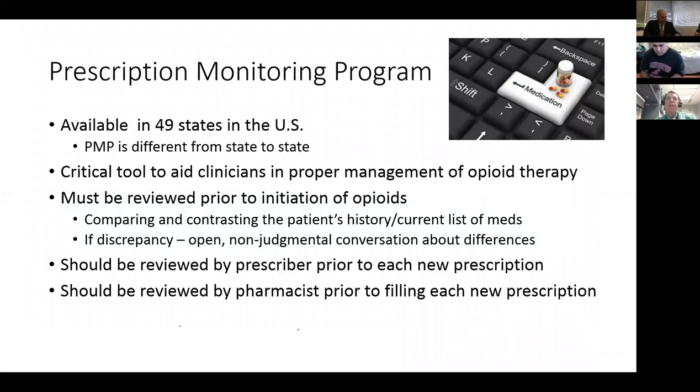The PMP is a workhorse that, just like in chronic non-malignant pain, anyone in a palliative medicine clinic that is using chronic opioid therapy should be using the PMP. The basic concept should be that it should be reviewed by the prescriber prior to each new prescription being filled, and should be reviewed by the pharmacist prior to filling each new prescription.